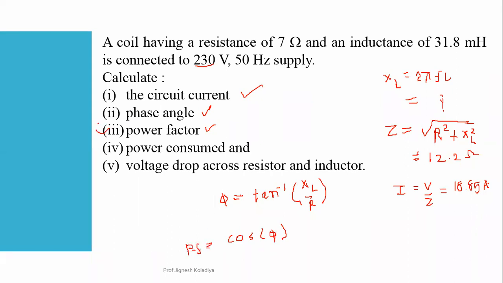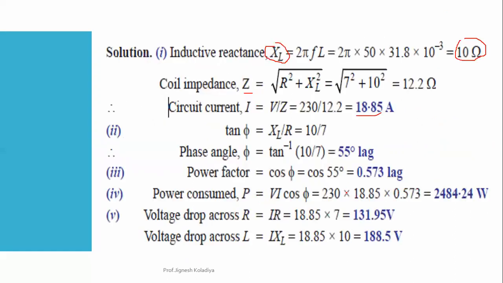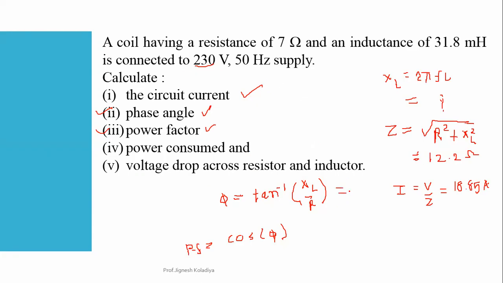So what is the answer of the second and third? Phi is 55. Yes, it is 55 degree.